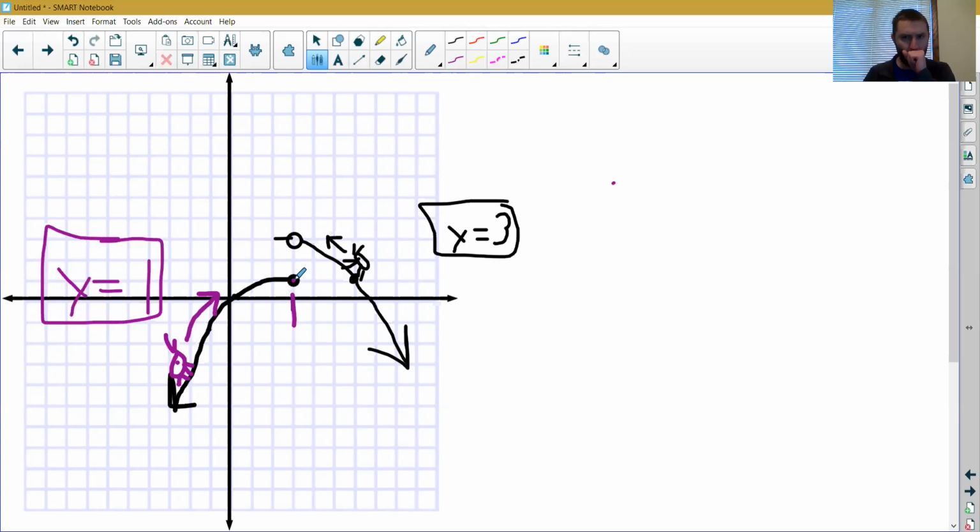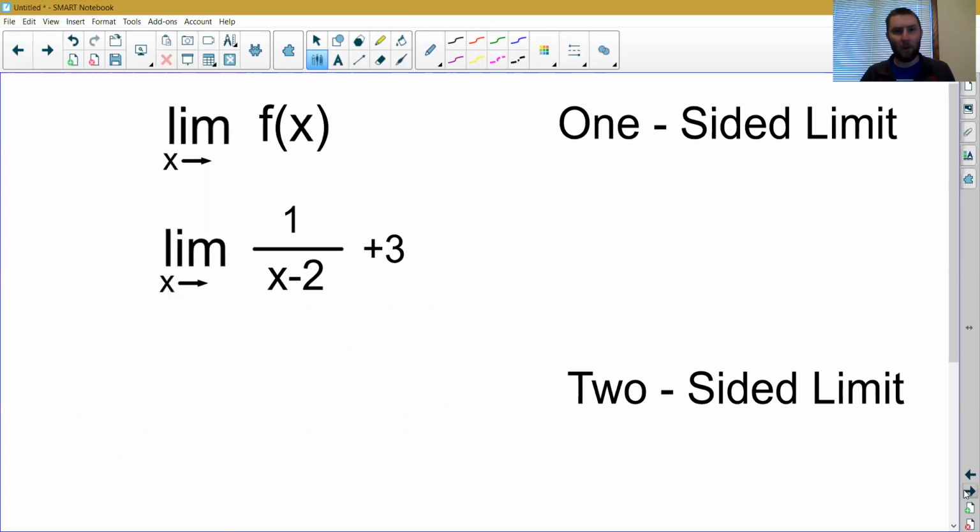So when we talk about what y value we are approaching as we get close to a certain x value, this thing is called a limit. The limit of a function, which has this notation here. This is our notation for a limit.